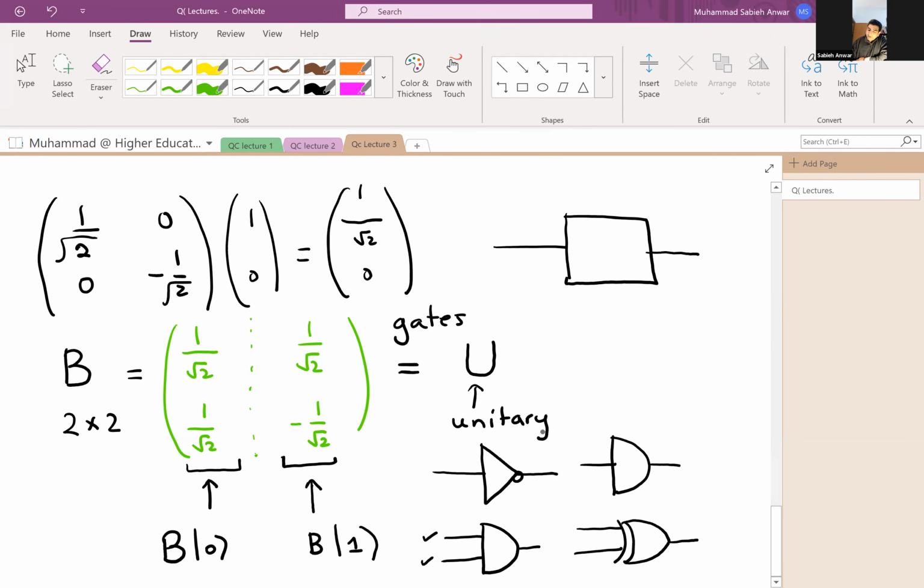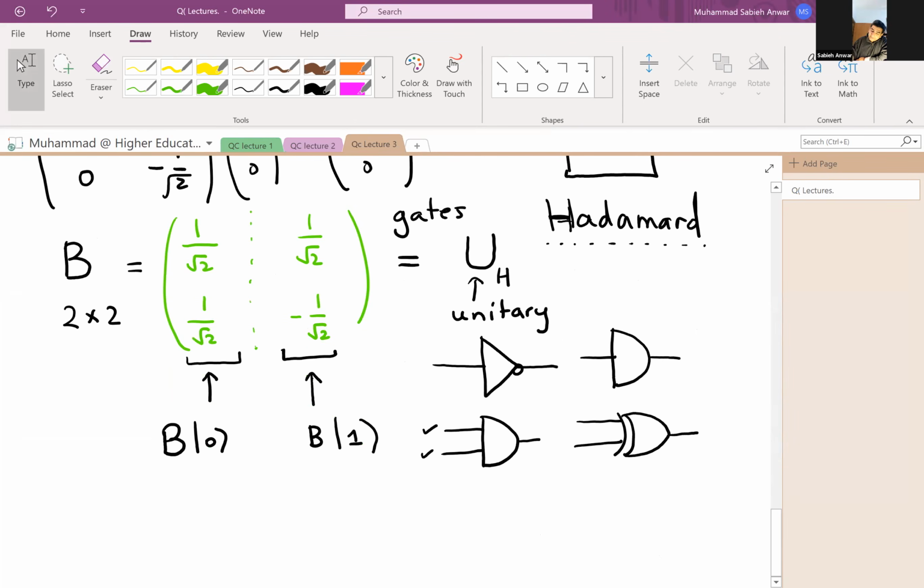So this unitary gate of this kind is a special gate which is called a Hadamard gate.